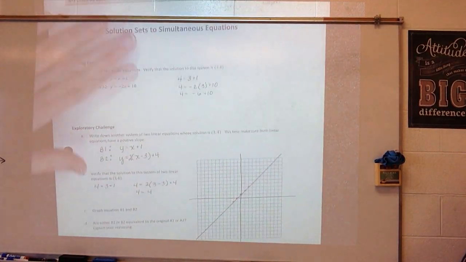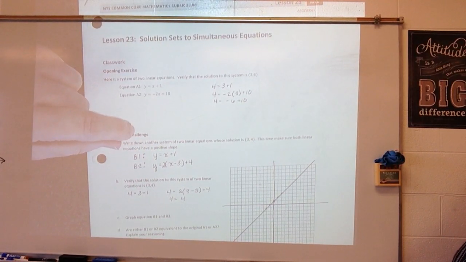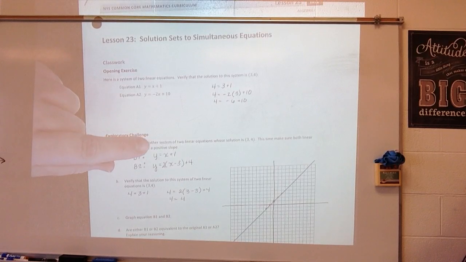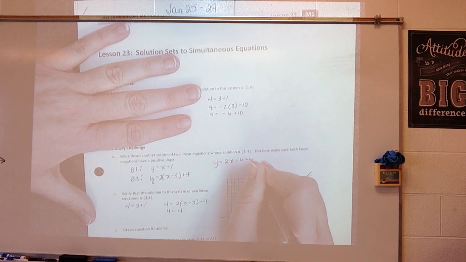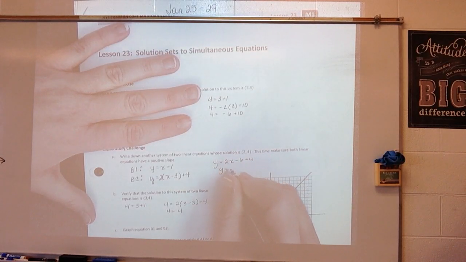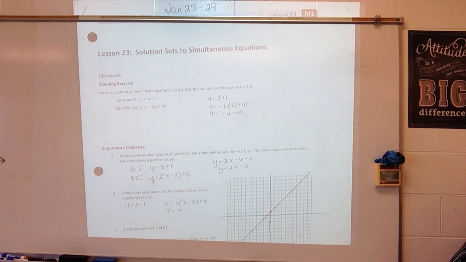And then I've got y is equal to 2 times x minus 3 plus 4. So that would be y is equal to 2x minus 6 plus 4. So y is equal to 2x minus 2. So my intercept is negative 2. It intersects at negative 2.